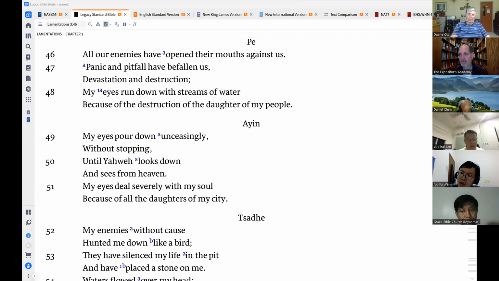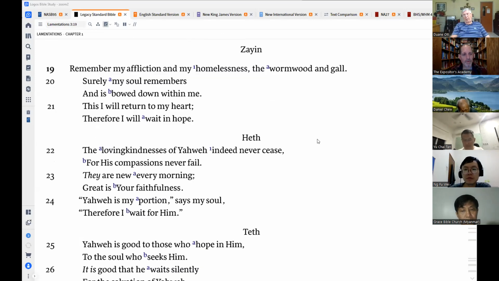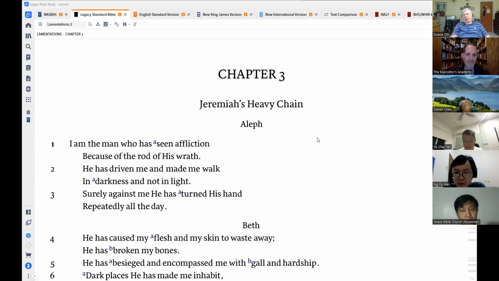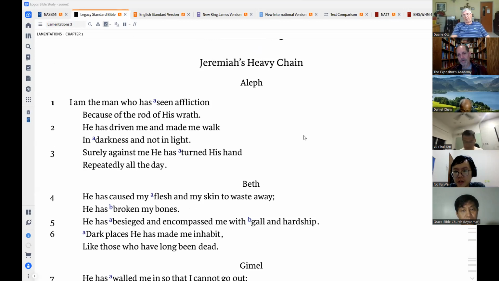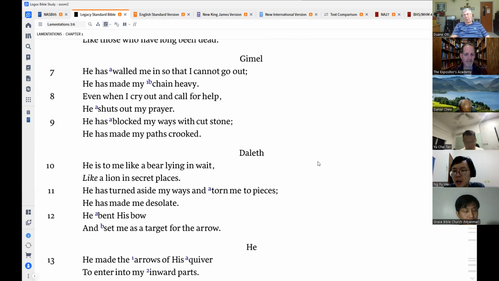If we remember chapters 1 and 2, they're full of lament, how the city has been destroyed and the people have been ravaged and been under God's heavy hand. And even as he hits chapter 3, "I'm a man who's seen affliction because of his wrath." He's just talking about the suffering that he's experienced.